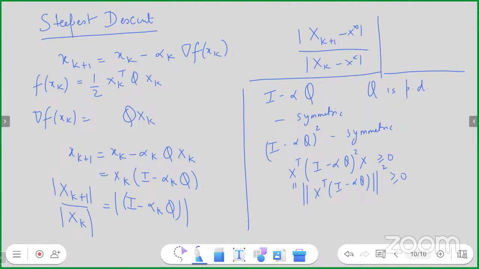What about the eigenvalues of I minus alpha Q whole squared? You know a lot about Q being positive definite. Eigenvalues are real and bounded by the maximum eigenvalue. No, in terms of the eigenvalues of Q. That's what we want. So what are we interested in?